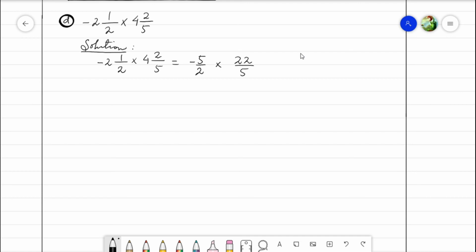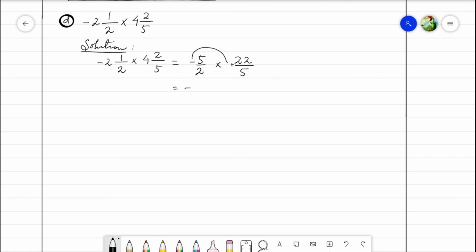And as you can see, this is negative 5 by 2 and this is positive 22 by 5. So I would make a small positive sign here. Now I will multiply this negative by positive. What would it be? Minus plus minus.